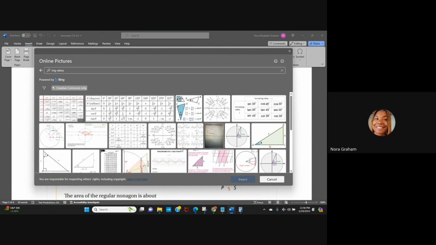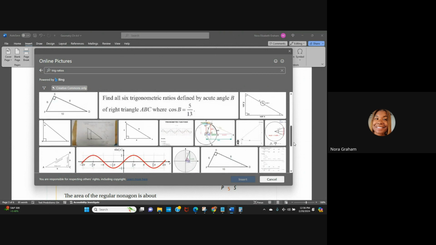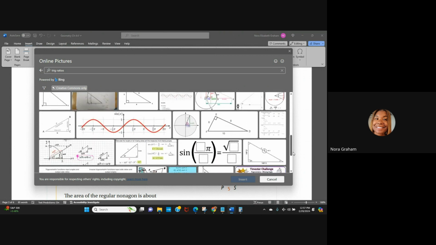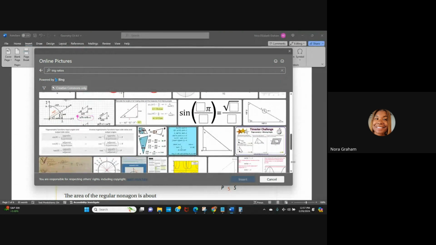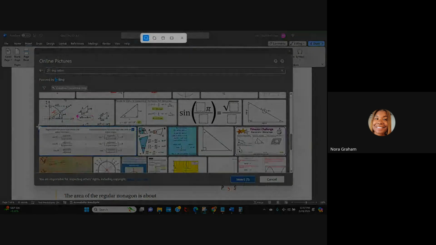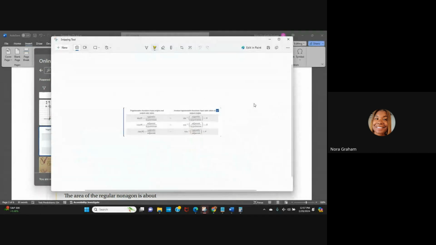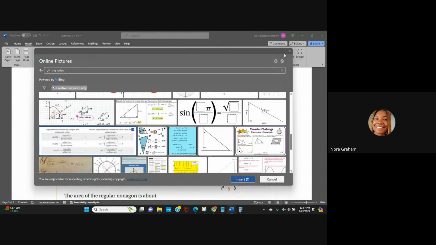Let's see if I can find them. Trig ratios, here we are. I'm just going to take a screenshot of it and put it down here. Right. I should have done this before the video, but it's okay.